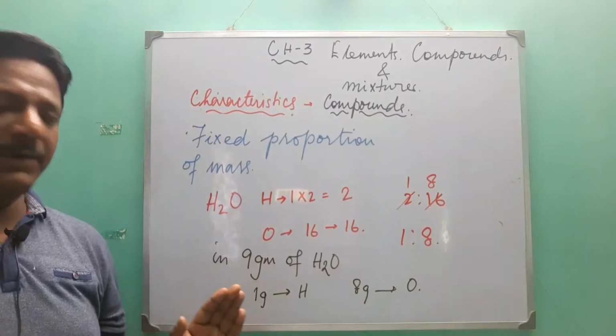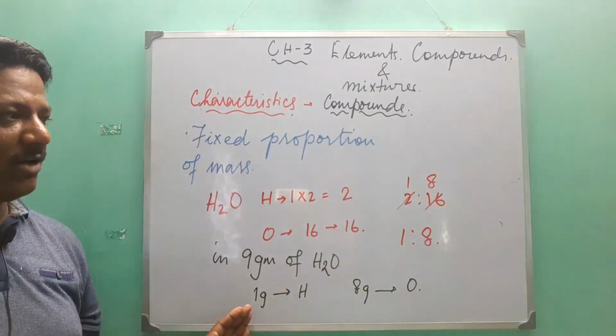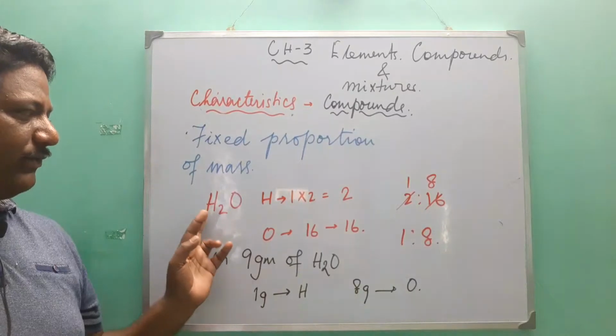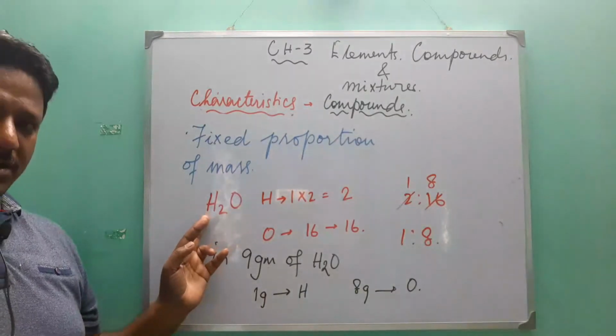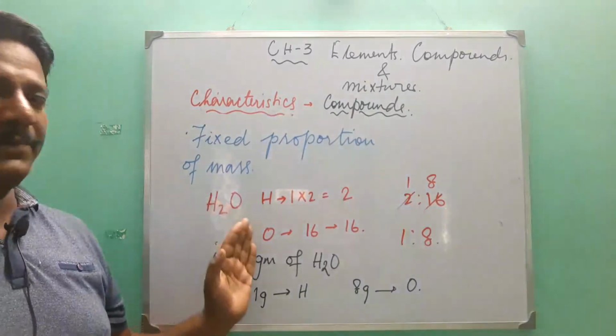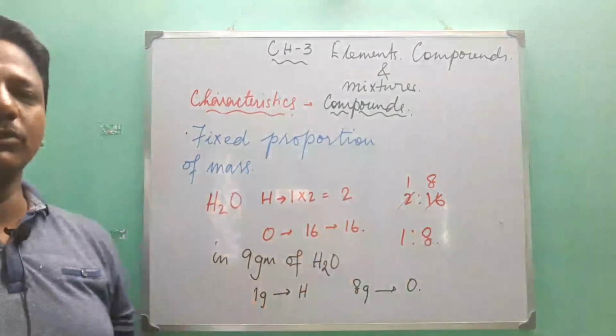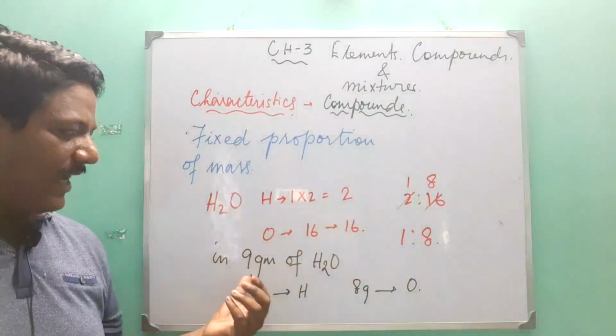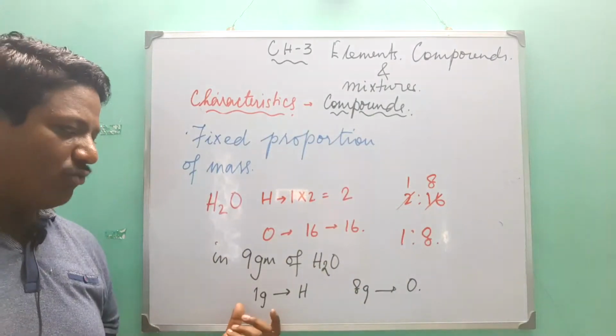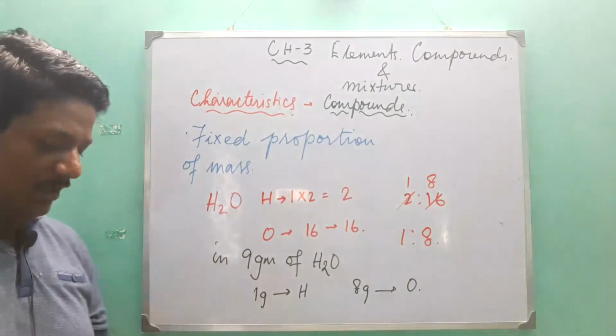In simple language, how can we understand that? If we take one molecule of water, the simplest ratio is 1:8. We understand that 9 grams of water has 1 gram of hydrogen.